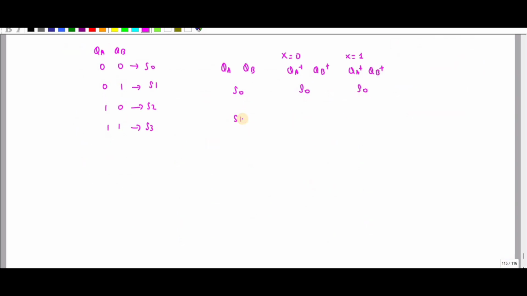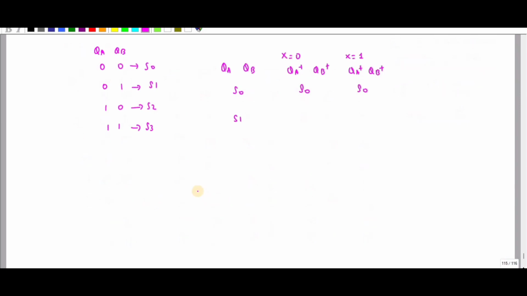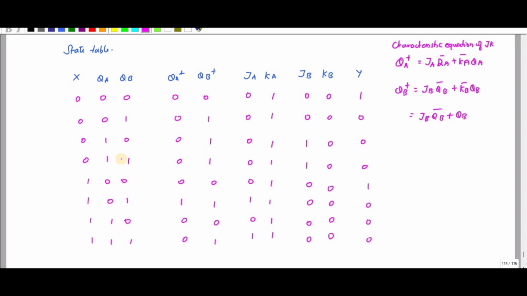Next, S1 is 0 1. When X is 0, it stays in S1. When X is 1, it goes to S3. S2 means 1 0, so it goes to S1 or S0.